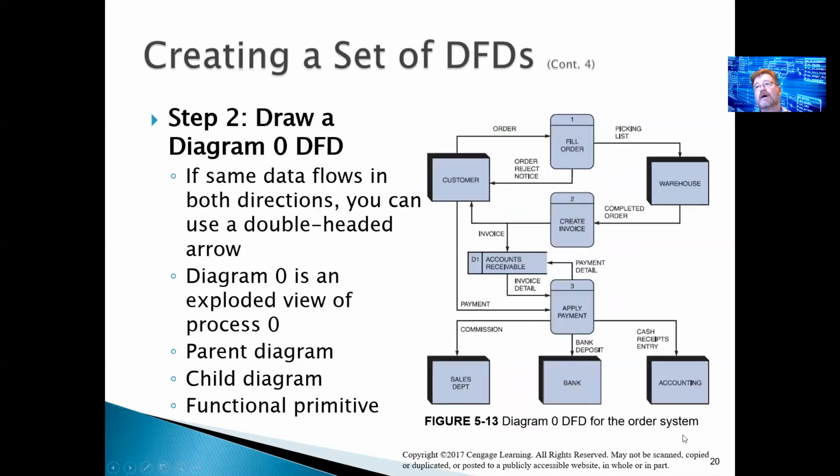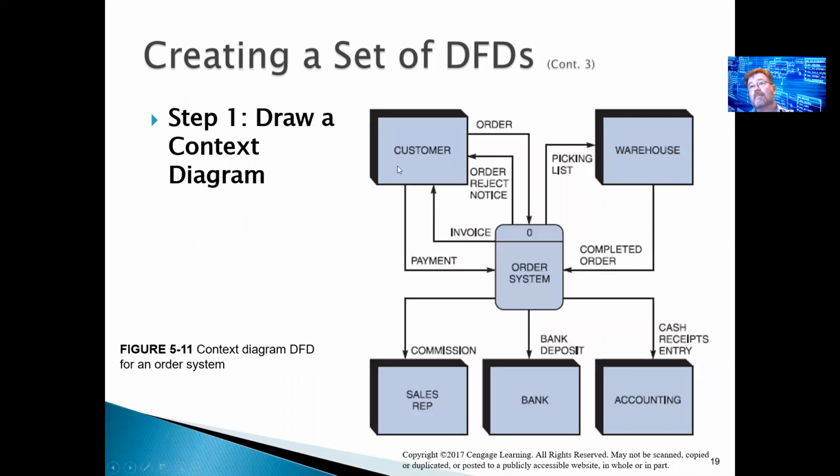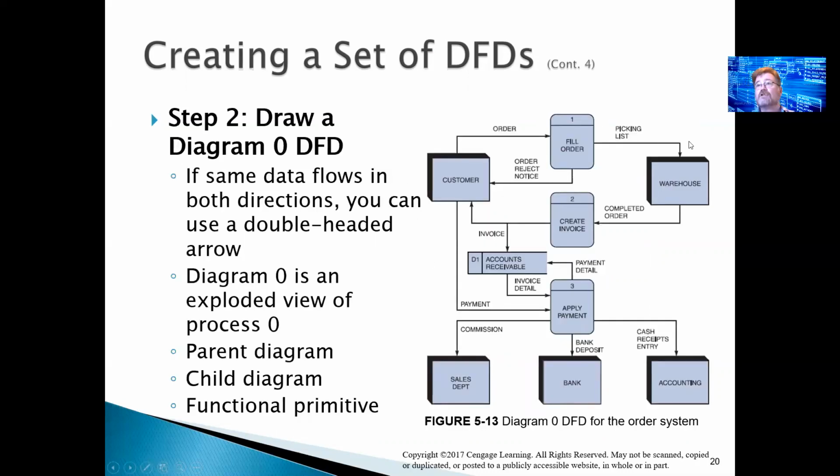Here we're seeing customer, warehouse, accounting, bank, and notice they say sales department. This is actually a mistake, right? What should happen to balance these two diagrams as we go from the parent to the child, if the parent has got these entities, the child should have these entities. So that's actually a good example of how not to do it.